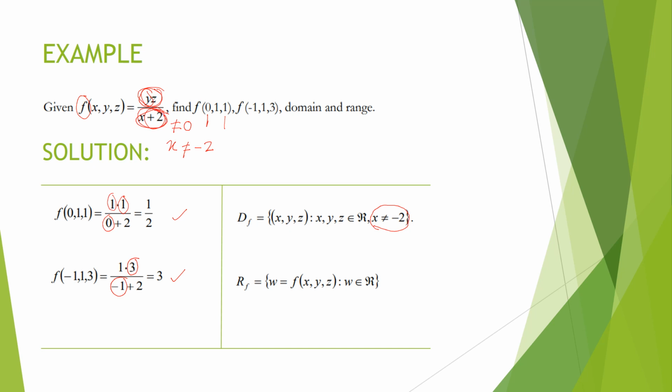And f can be negative whenever your yz is negative and x plus 2 takes a positive value. Negative over positive will be negative, so it can be concluded that it can take any values.